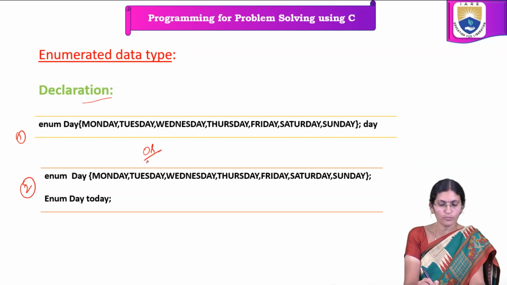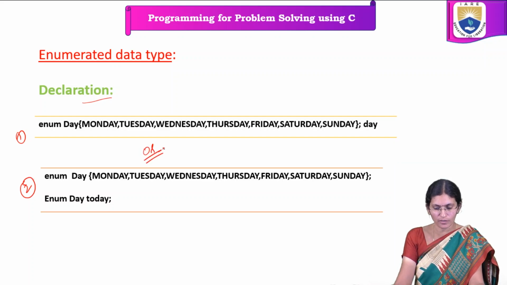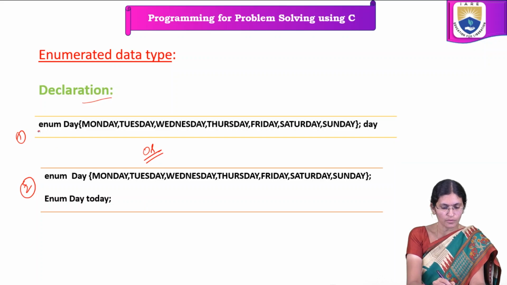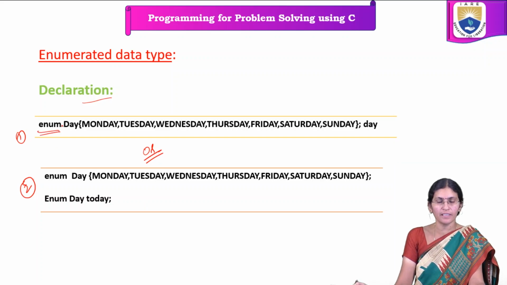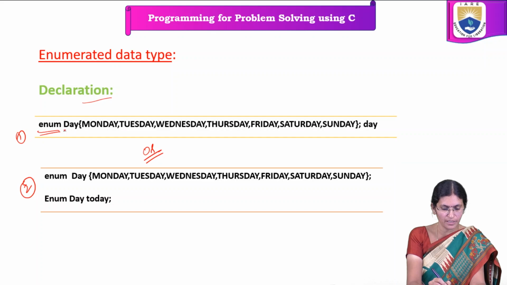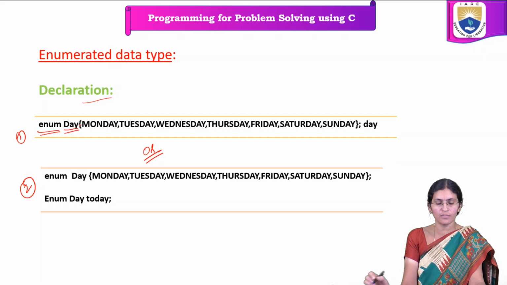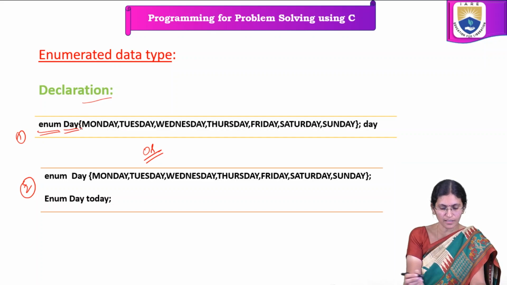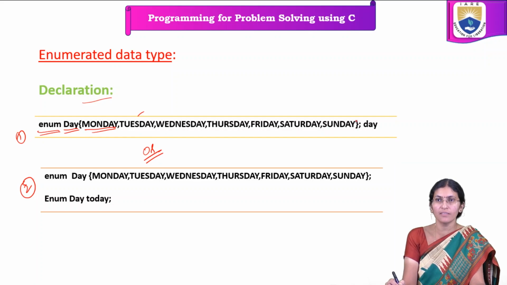You can use either one. The keyword enum specifies that this is a user-defined data type and day is the identifier. Inside the curly braces are the constants, constant 1, constant 2, separated by commas, and at the end a semicolon followed by the variable name. This is the variable which belongs to the data type enum day.